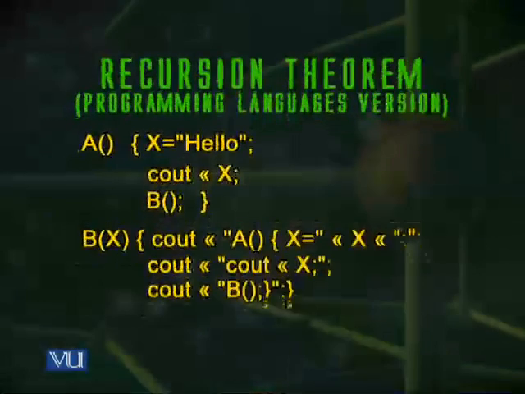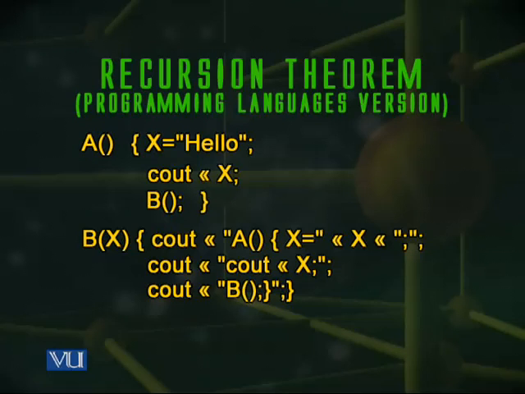So what we're going to do is start with something simple and work towards the solution. Here you have a program which is in two functions that I have written here. The first function is A and the second function is B. The first function A is very, very simple.